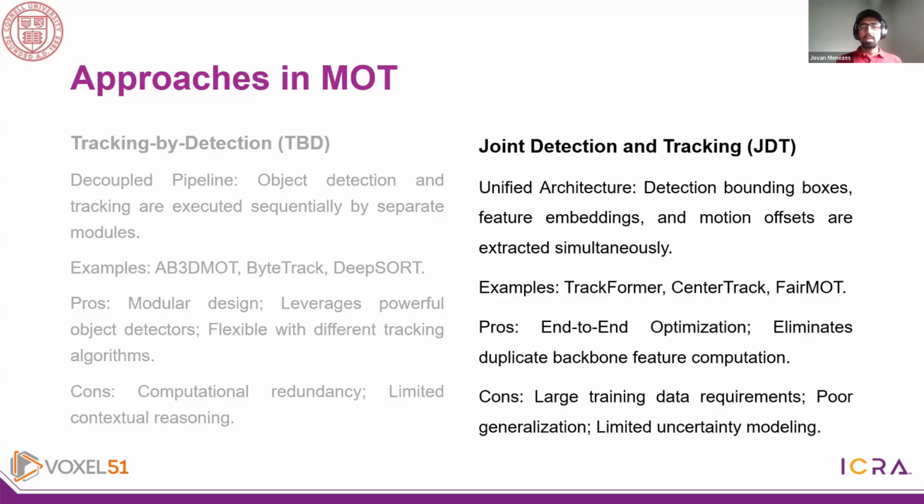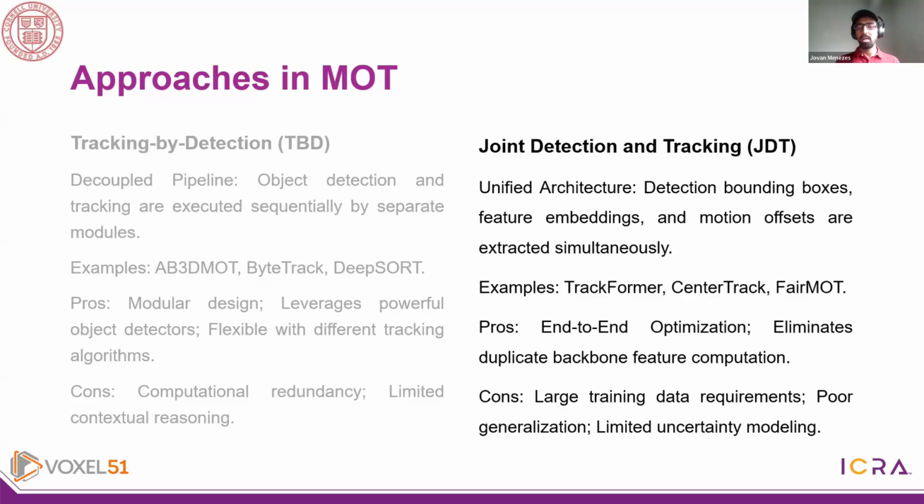On the other hand, the other class of methods is joint detection and tracking. As the name suggests, we perform object detection and tracking in a single framework. Examples of this include TrackFormer, CenterTrack, and FairMOT. The advantage of this framework is end-to-end optimization, and it eliminates duplicating the backbone for the object detection and tracking framework.